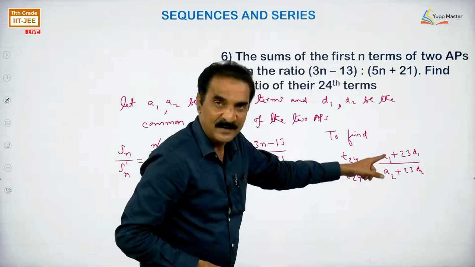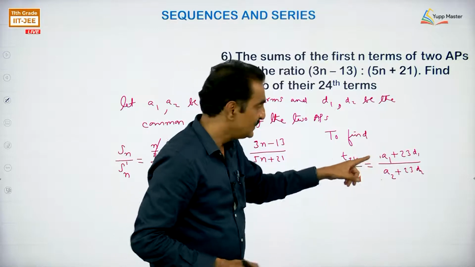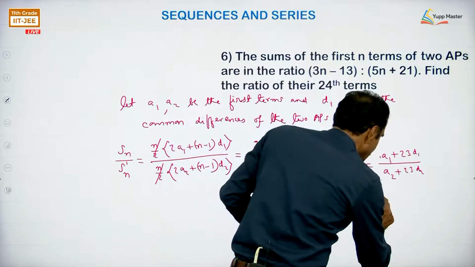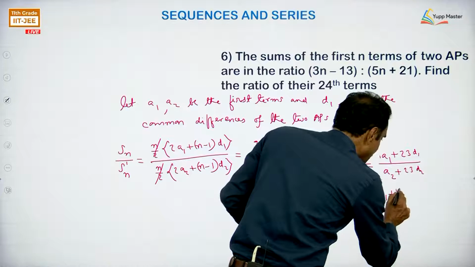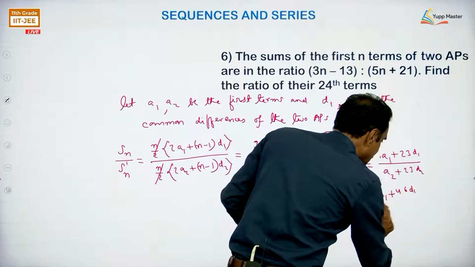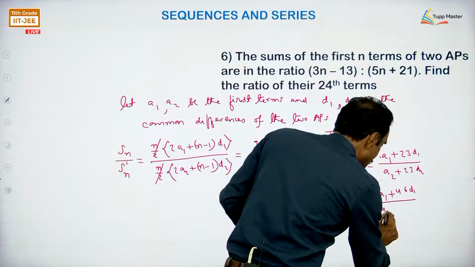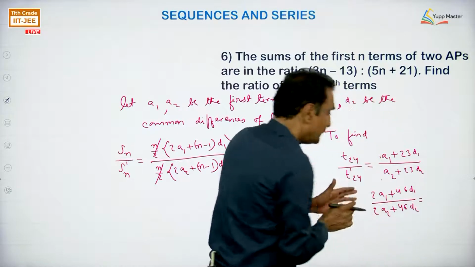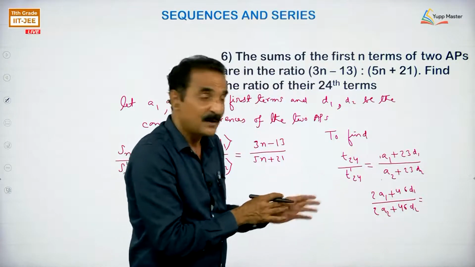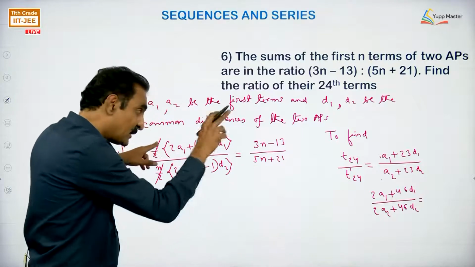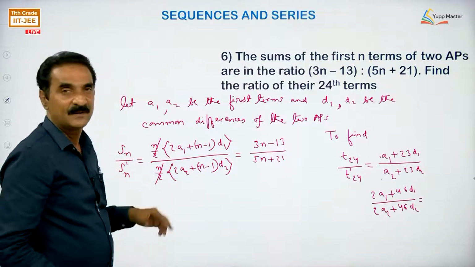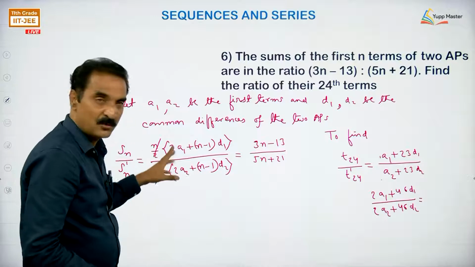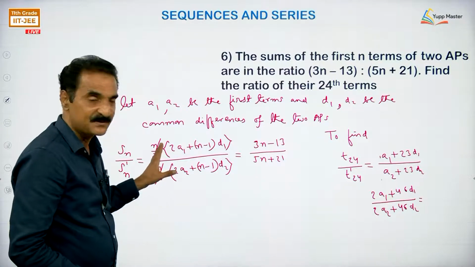If you multiply numerator and denominator by 2, what will you get? This becomes 2a1 plus 46 d1 by 2a2 plus 46 d2. We have multiplied by 2 because you have to derive that using this, because 2a1 and 2a2 are here in the numerator first terms.